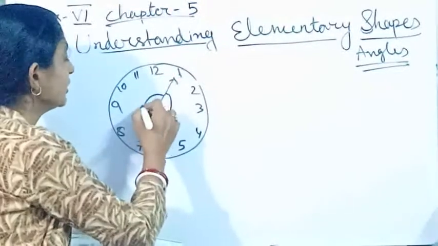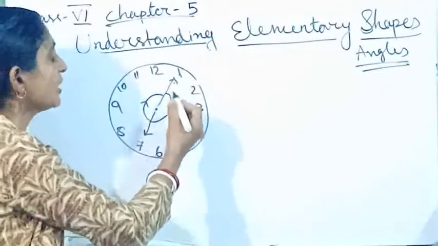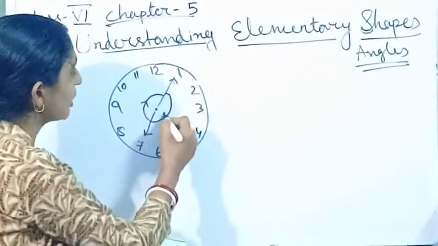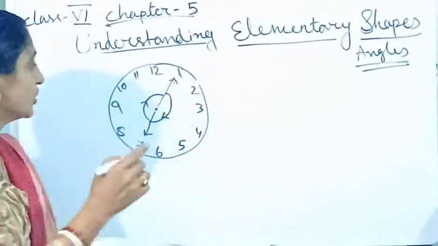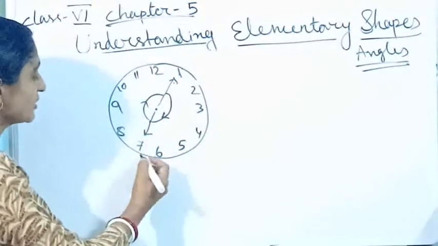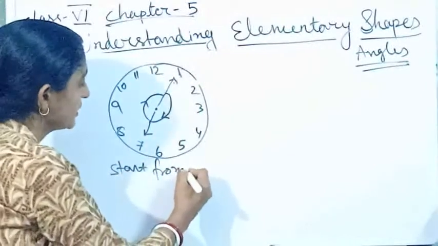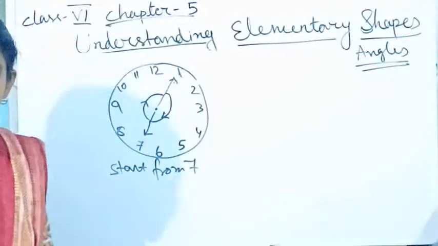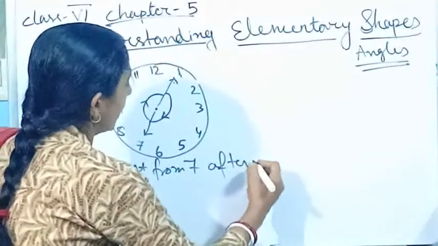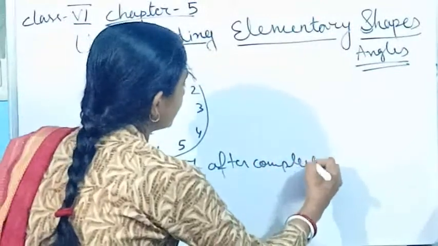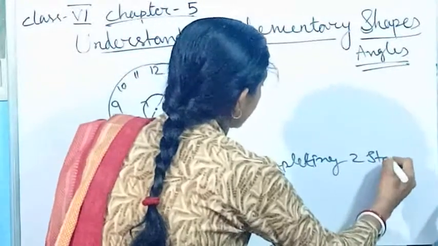So here in this direction, when it is coming up to 1, it is completing 1 straight angle, and from 1, when it is coming up to 7 again, that will be the second straight angle. So now you tell me, if it has started its journey from 7, where will it stop after completing 2 straight angles?